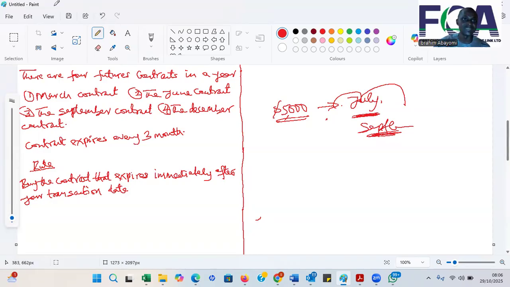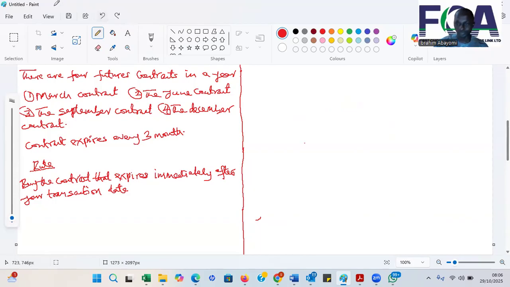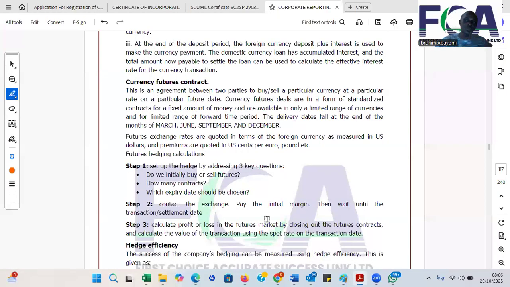Now let's go and see the detailed procedure for hedging using futures contract. Let's go back to our notes. Setting up the futures contract. First of all, set up the hedge by addressing three key questions. Do we initially buy or sell futures? Do I need to enter into the futures market by buying futures contract or by selling futures contract?